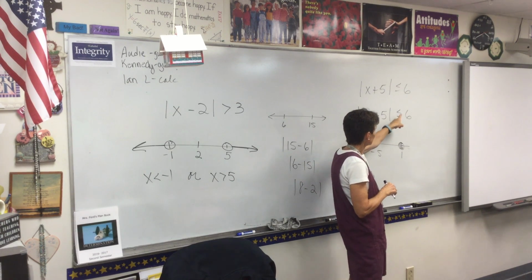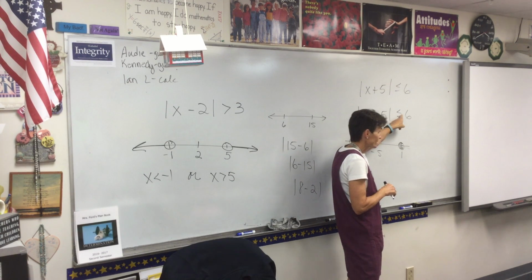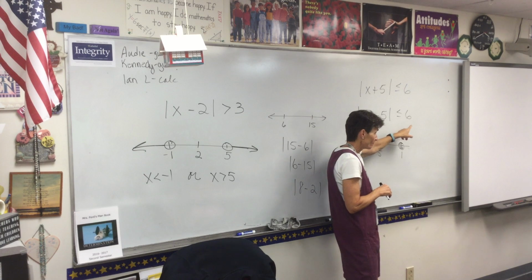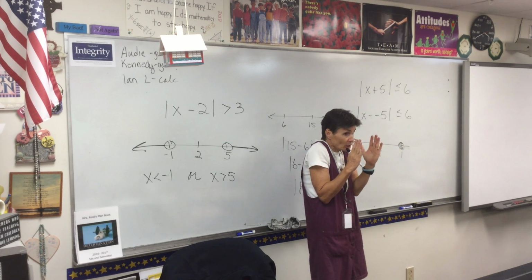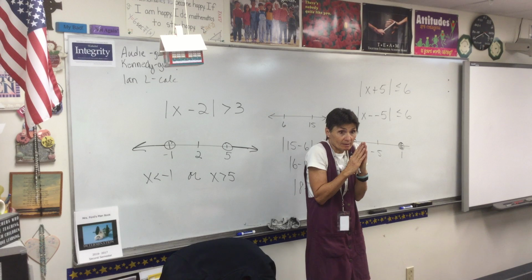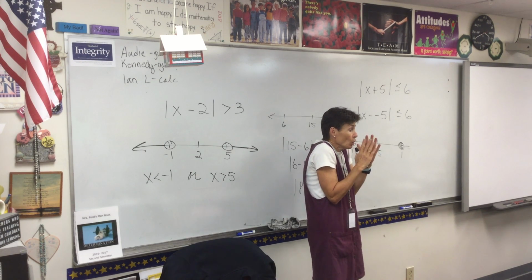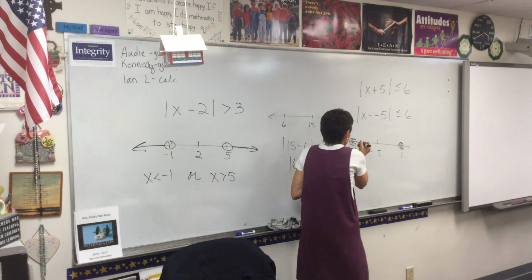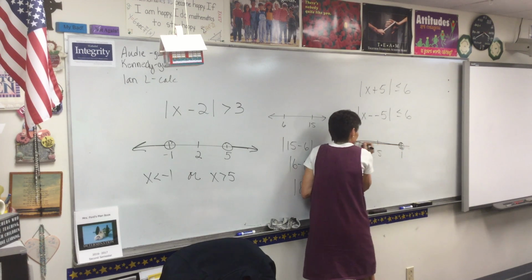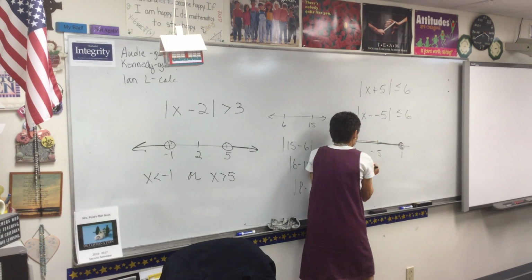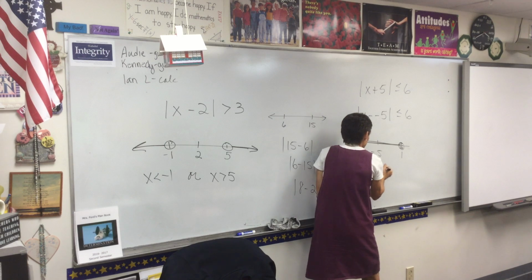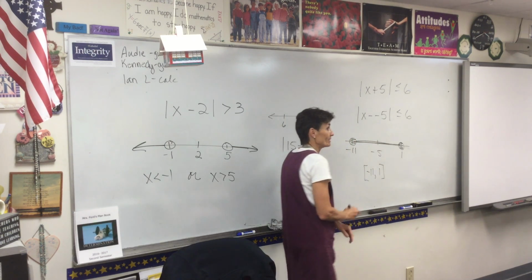It says the distance is less than 6. That means you have to be closer, right? And if you have to be closer than 6, don't you have to be in here? Yep. So my answer is all of the numbers between -11 and 1.